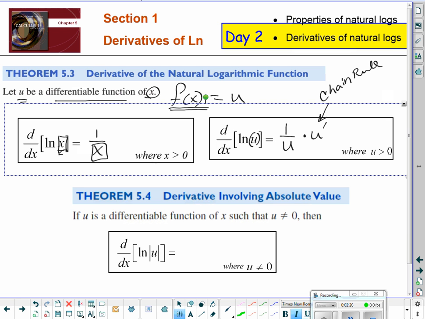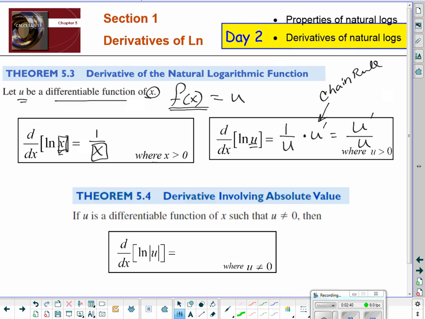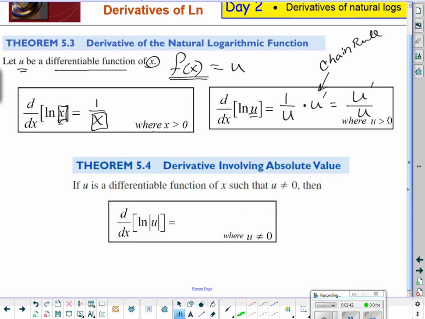So we pick up u prime. Many people will memorize this as u prime over u, and you can think of it that way too. Same condition, u has to be greater than 0. I must have this function being bigger than 0. So generally, this will be the one that we end up committing to memory.